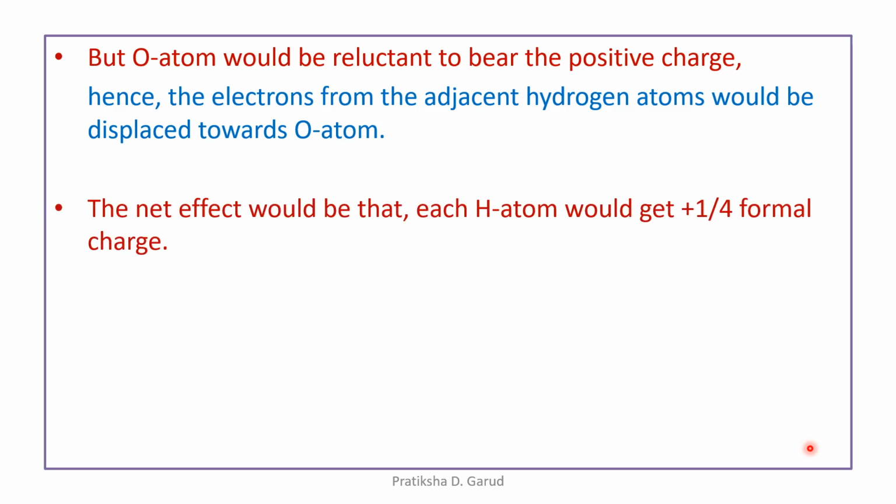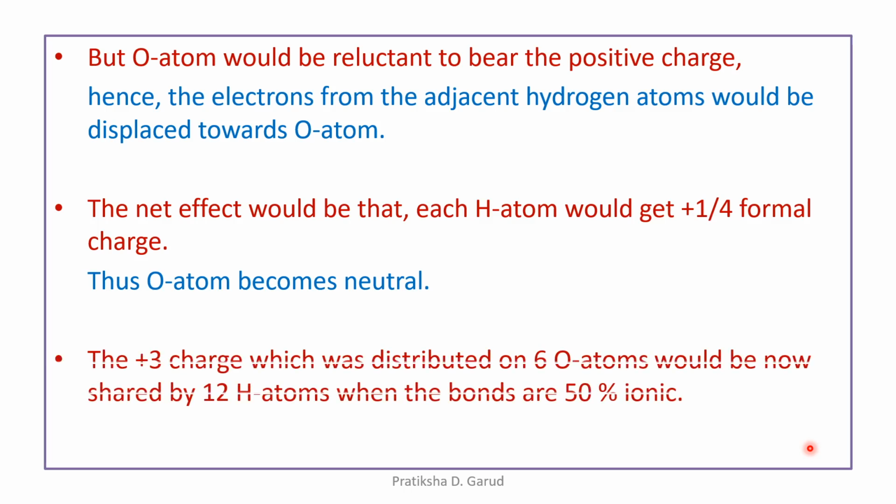So the net effect would be that each hydrogen atom would get +1/4 formal charge. Thus the oxygen atom becomes neutral again, right? The +3 charge which was distributed on 6 oxygen atoms would now be shared by the 12 hydrogen atoms when the bonds are 50% ionic.